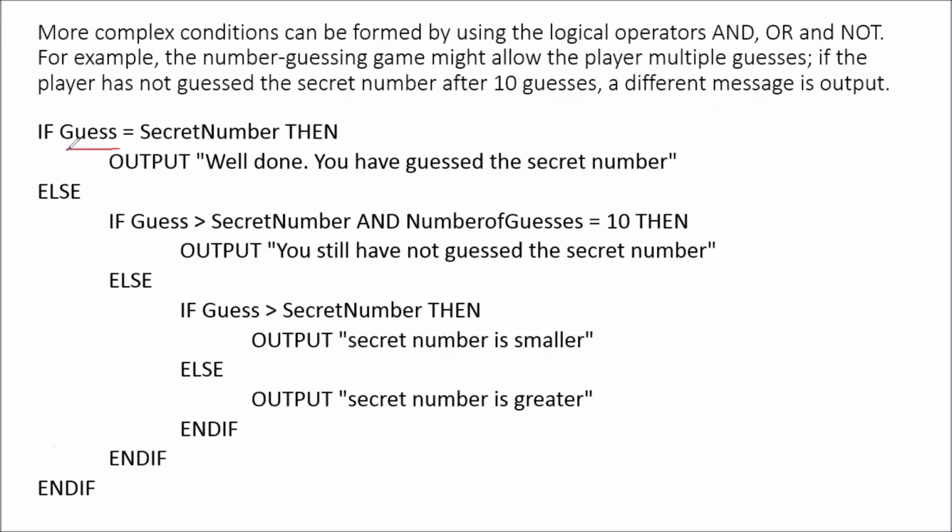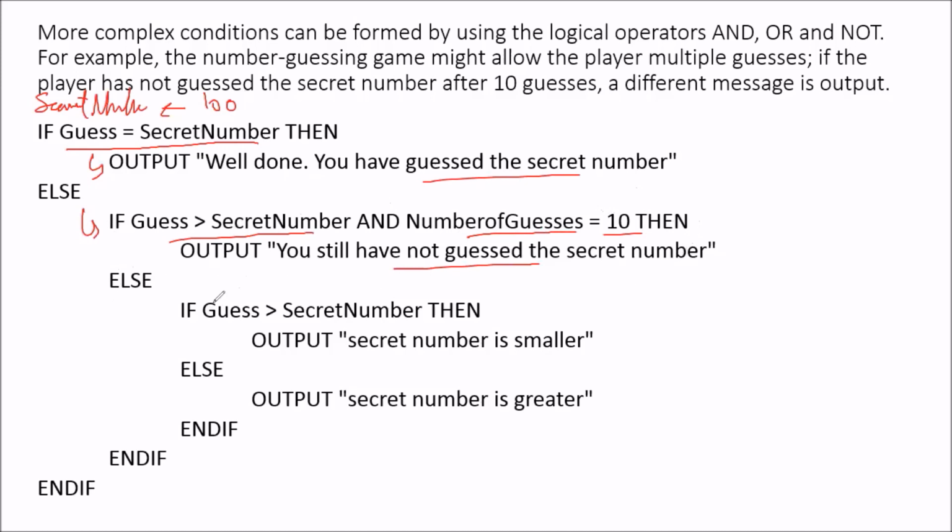If guess is equal to secret number, suppose your secret number is assigned a value 100, then this is correct. Else it's going to go over here. If it's greater than equal to secret number and your number of guesses is 10, so if you're repeating your solution again and again, if it's 10, then you're going to get the output result: you still did not guess the correct number.